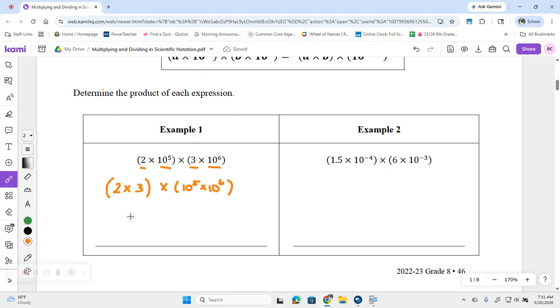So 2 times 3 is 6. 10 to the fifth times 10 to the sixth is 10 to the 11th. It's always a good idea just to make sure that our number is in scientific notation before we move on. 6 is between 1 and 10, so we have a power of 10. We're all set.